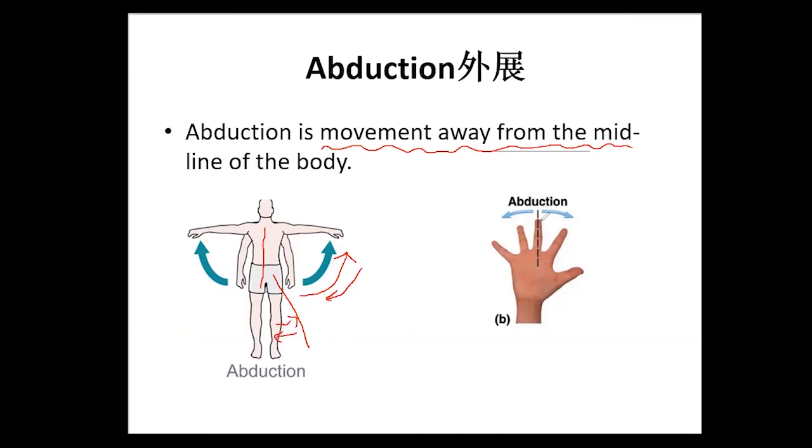And similar in the hand. The middle finger is like the middle line here. You open your fingers moving this way, we call it abduction. And when you're moving back, that's what we call adduction.